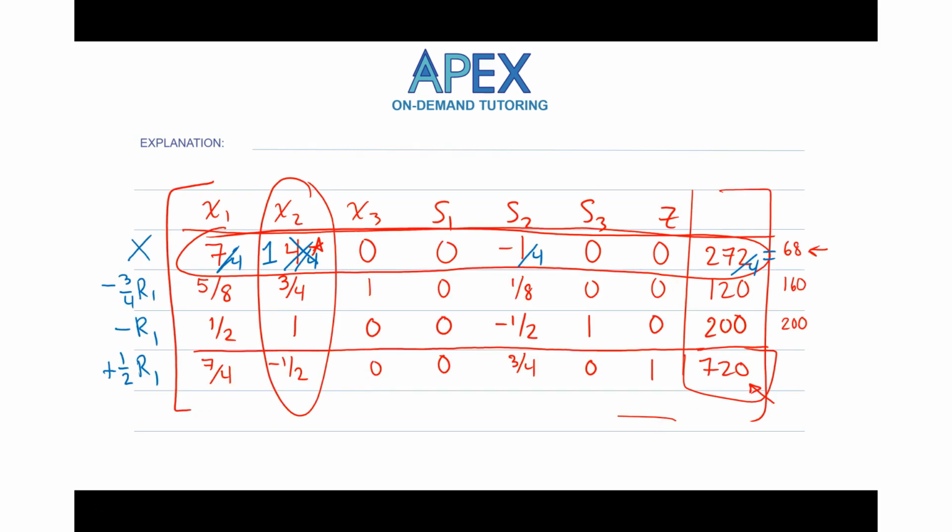For the second row, we have to subtract 3/4 of row 1. So for example, we will do 5/8 minus 3/4 of 7/4, which is nasty. This is the same thing as 10/16, and you have minus 21/16.